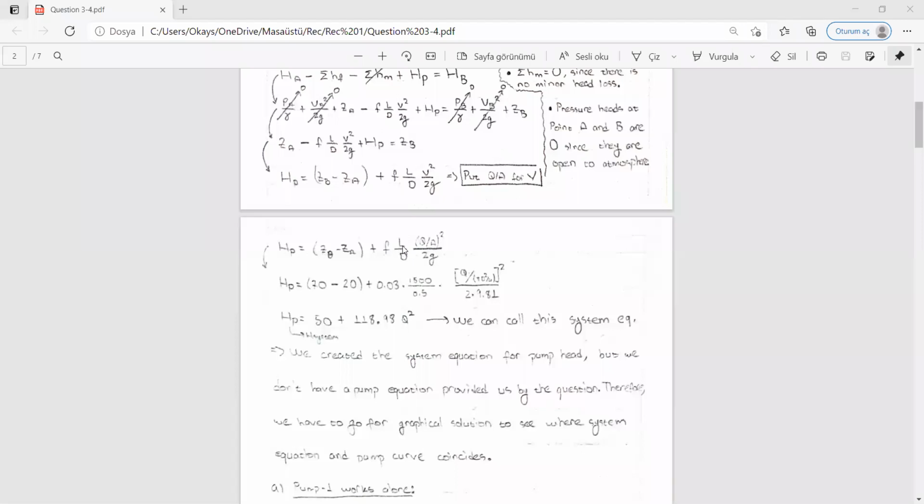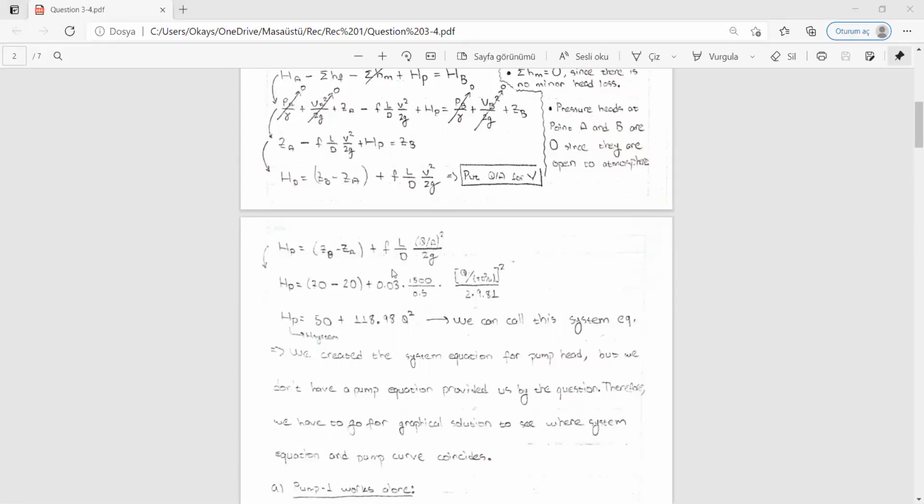We had f L D times, this is velocity normally. Instead of velocity, I put discharge divided by cross-section area, because discharge is velocity times cross-section area. So I made a reverse calculation there. And 2g, I put the values coming from the question.